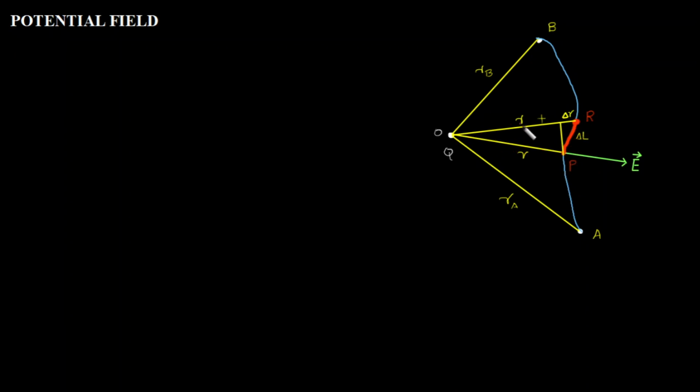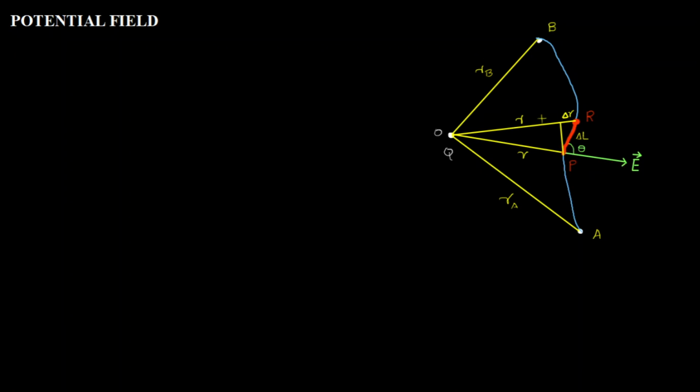P is at a distance R and the second point is at a distance R plus delta R. One more thing which you should know is, the angle made by the path with the electric field is a measurable quantity and it is theta. That also we'll keep in our mind. So the path makes an angle theta with the electric field.